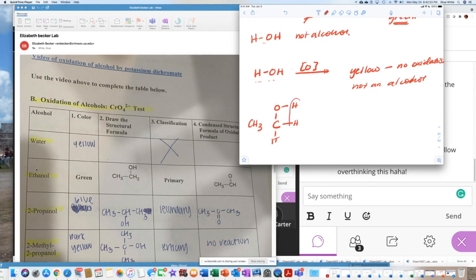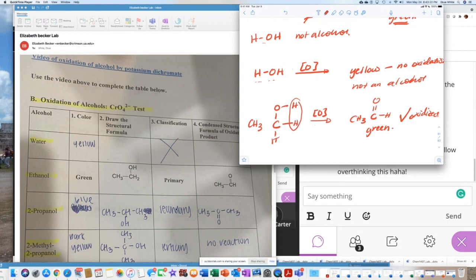So you can see these two leave, and then what we get here is CH3, C double bond O, and then H. And this matches what they have, right? And because this actually got oxidized, we see the color green. That means oxidized. Okay?